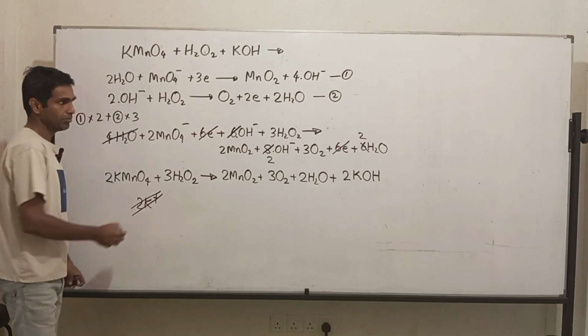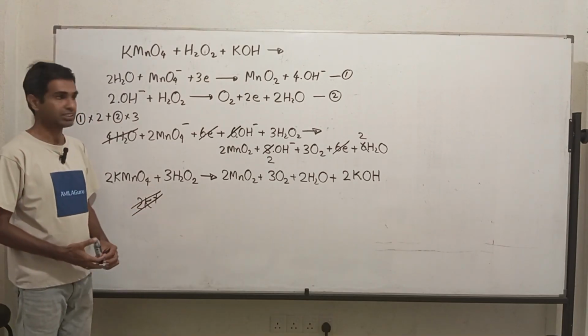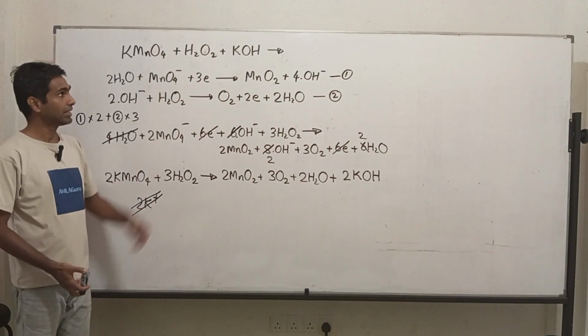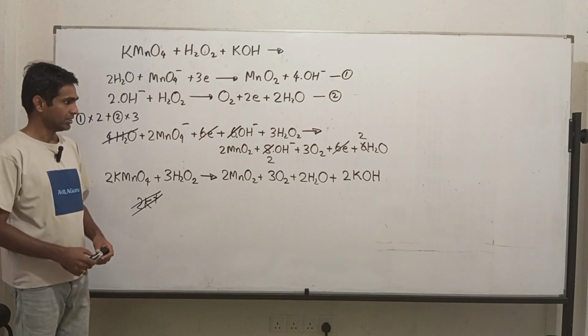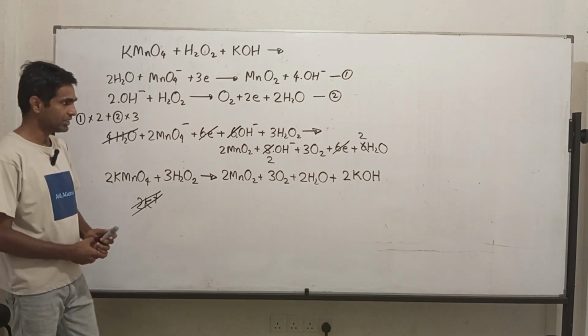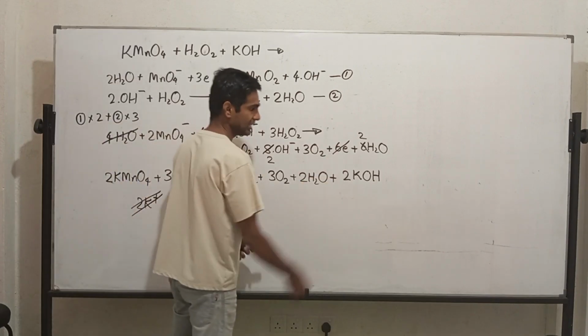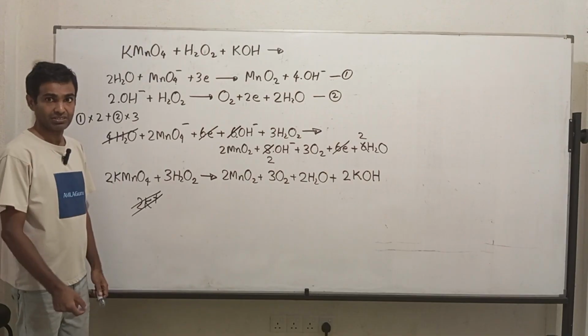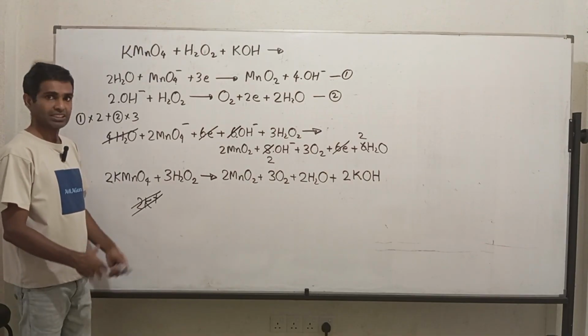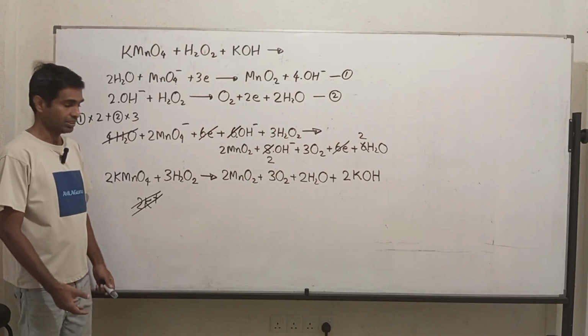Therefore, this is the balanced chemical equation for the reaction between potassium permanganate and hydrogen peroxide in the presence of potassium hydroxide. So there is a bit of confusion. What is that confusion? Potassium hydroxide is not in the reactant side, but in the product side. What is the reason? That is how the reaction balanced.